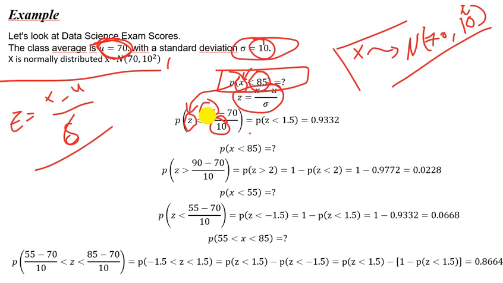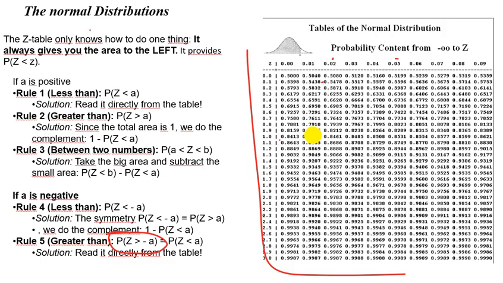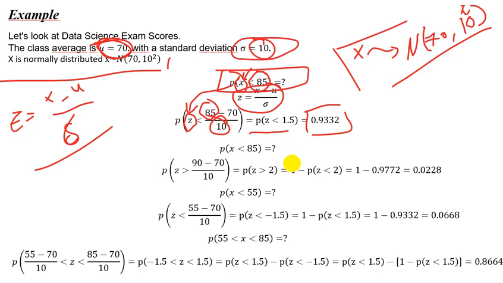So it becomes P of z is less than 1.5, and we can get this probability in the table here. We said 1.5, we go here, so the probability is 0.9332, and here is the result.